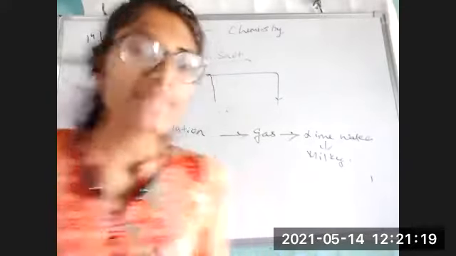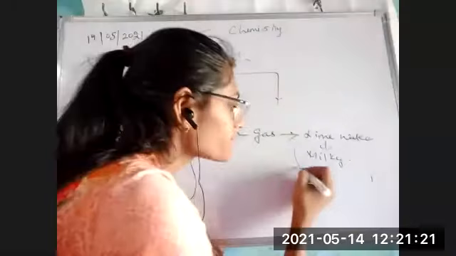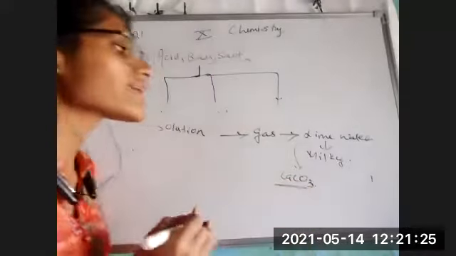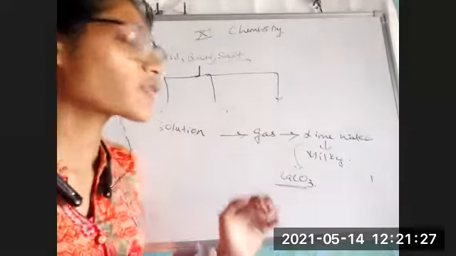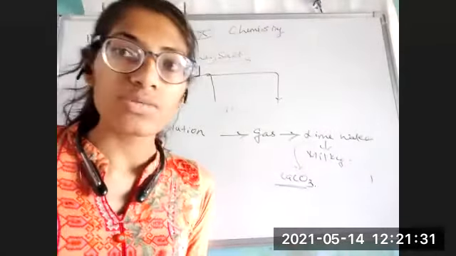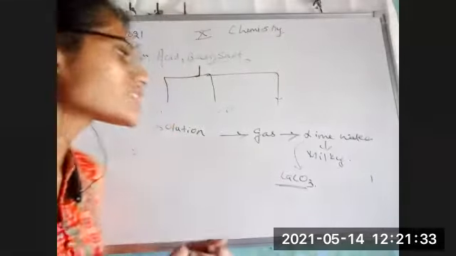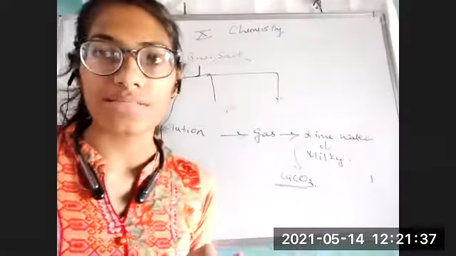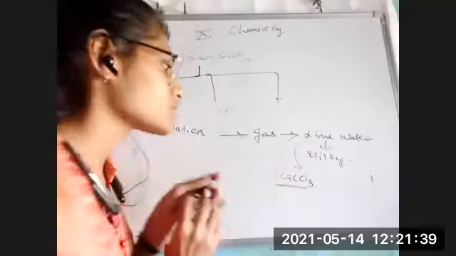We know very well that lime water is basically calcium hydroxide. Whenever it reacts with CO2, it converts into calcium carbonate, which gives the milkiness. So the question is, which gas is present that can turn lime water milky? And the answer is carbon dioxide.